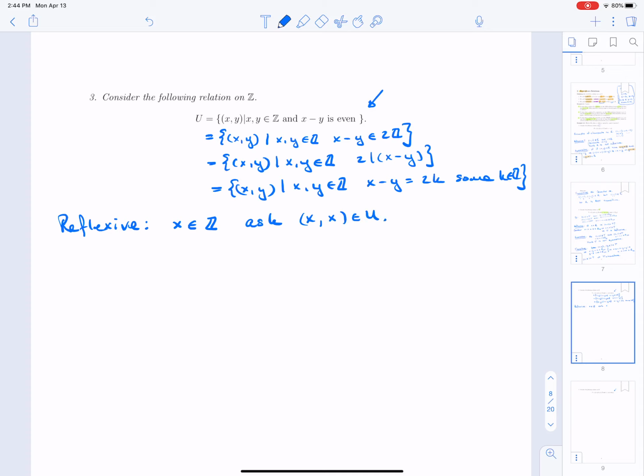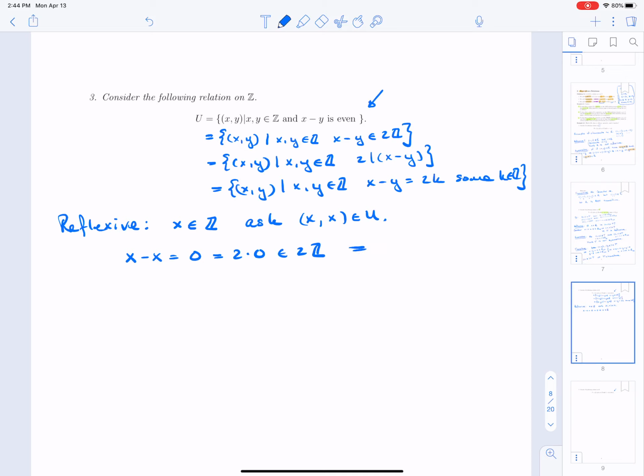Well, how would it be? What's the condition we want to look at to decide whether or not x comma x is in U? It's the difference, the first coordinate minus the second coordinate. In this case, the first and second coordinates are the same, so that's going to be 0 no matter what. And 0 is 2 times 0, so it's in the even integers.